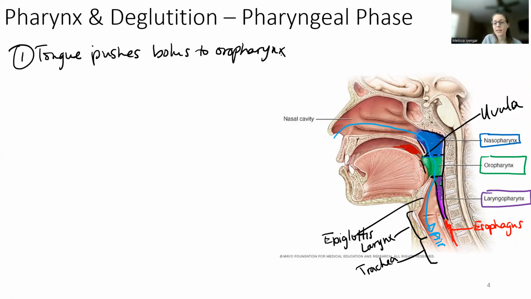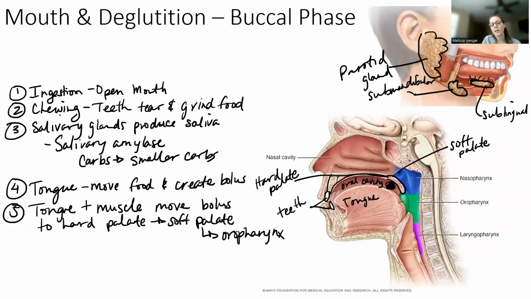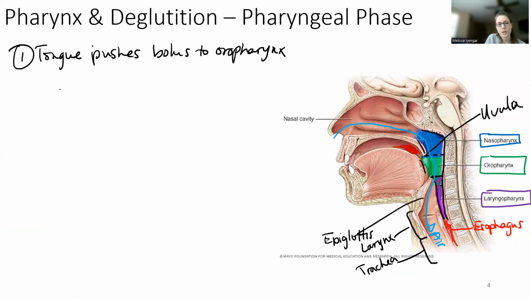And if you're like, but wait, wasn't that the other part? Yes, this is the last part of deglutition, the buccal phase, okay? So in order to make sure that the bolus goes in the right direction, essentially what has to happen is the nasopharynx contracts and it's going to close off the nasal cavity.